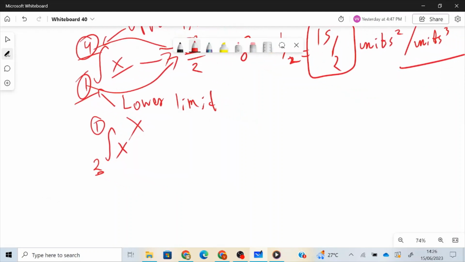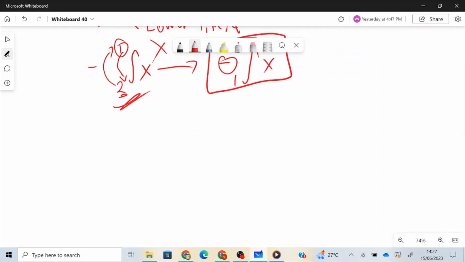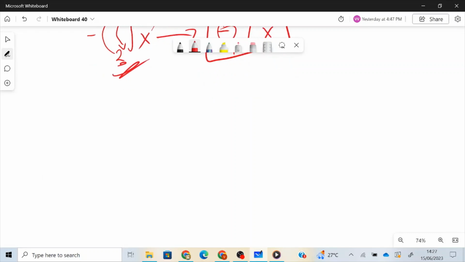So all you have to do to rectify this is simply switch these two around. But when you switch them around, add a minus sign to the integral. So from this it becomes the 2 to 1 integral of x. Just add a minus sign over here, and you have rectified it. And then you can proceed with your normal integration, and whatever your final answer is, just add a minus to it. Of course, if your final answer is a negative already and you add another negative, then you have a positive answer. So let's go and dive right into our first example.